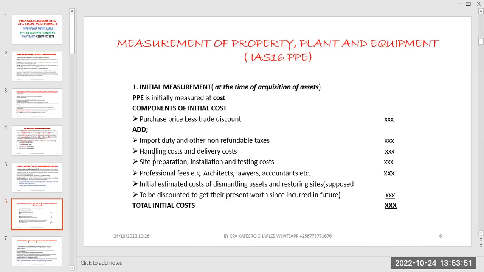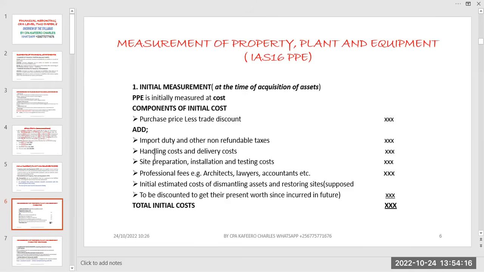But when we talk about cost, the word cost is very broad. It doesn't necessarily mean that it is only the purchase price of the asset. There are other costs that are supposed to be capitalized, if I can call it that way. There are other costs that are supposed to be added to the asset.